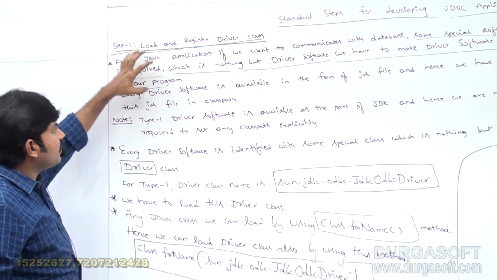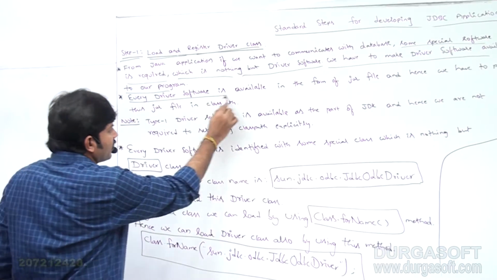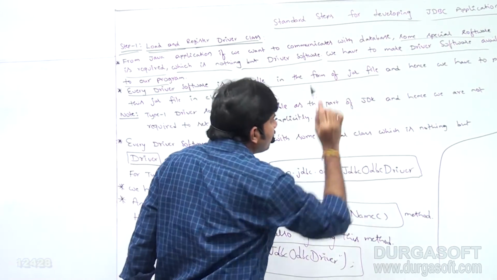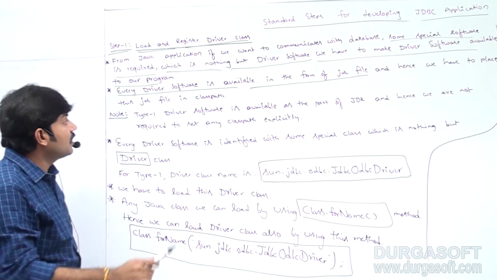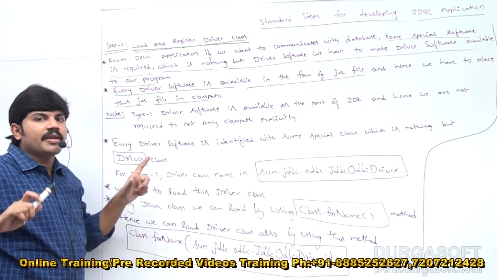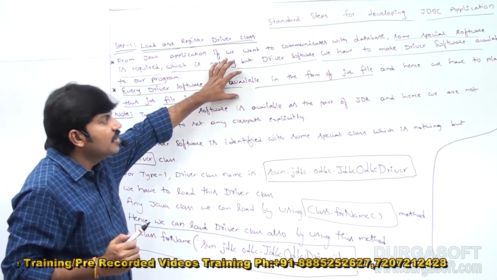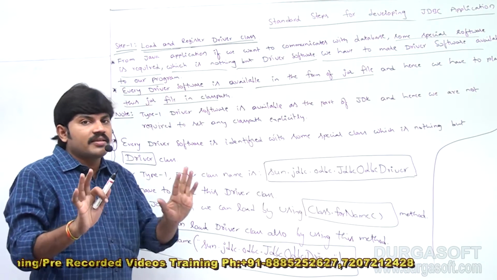We have to make the driver software available to our program. Every driver software is available in the form of a jar file, and hence we have to place this jar file in the class path. So to make the driver software available to our program, we have to make sure the corresponding jar file is available in the class path.